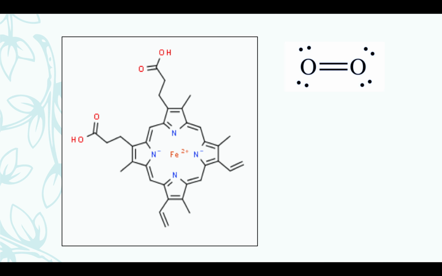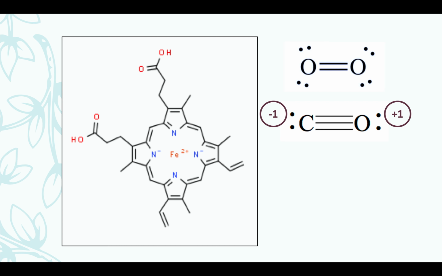If you look at the structure of carbon monoxide, you'll notice that it has a very similar structure to oxygen. You will also notice that it has a net neutral charge. But don't be fooled. If you compute the formal charge of each atom, you'll see that oxygen here bears a positive 1 charge, which is not our concern, by the way, and carbon here bears a negative 1 charge.